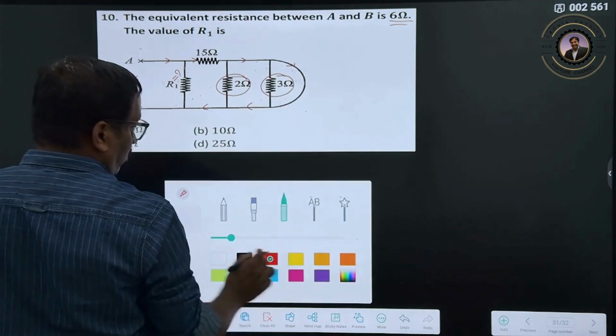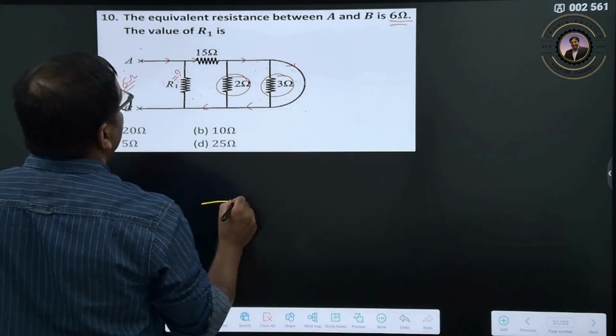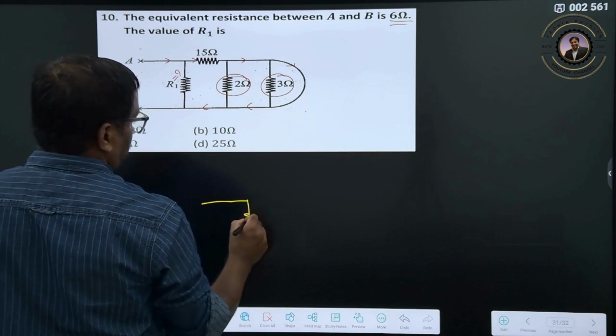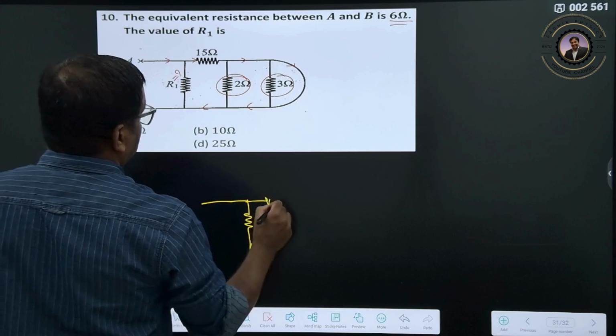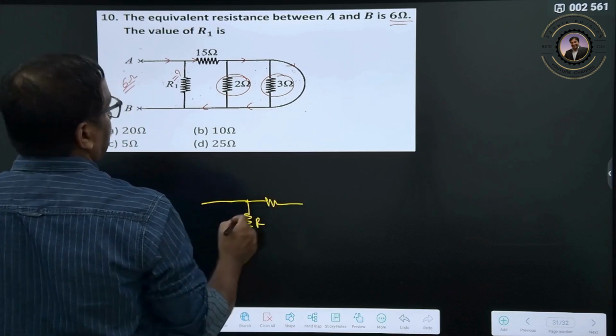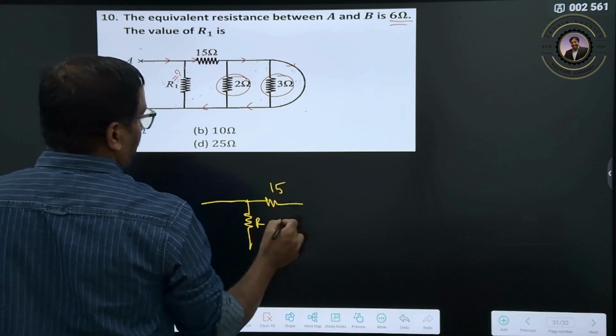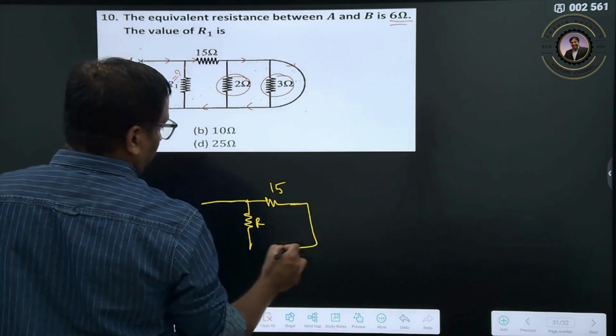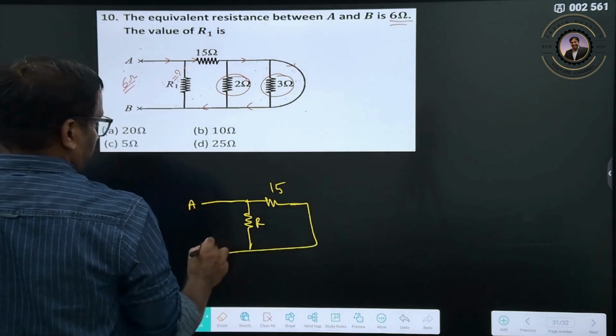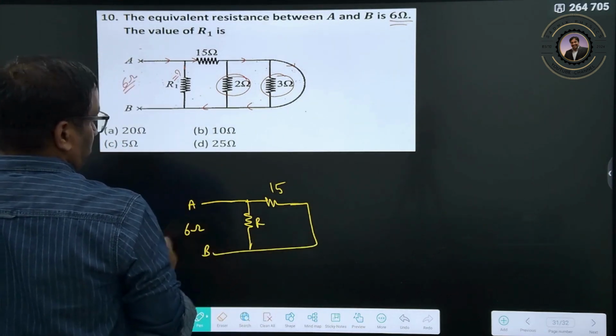Now the circuit will become like this. So here this will be the R, and this is I think 15, I am not sure, but I will take it as 15 ohms. So this is A, this is B, and this is given as 6 ohms.